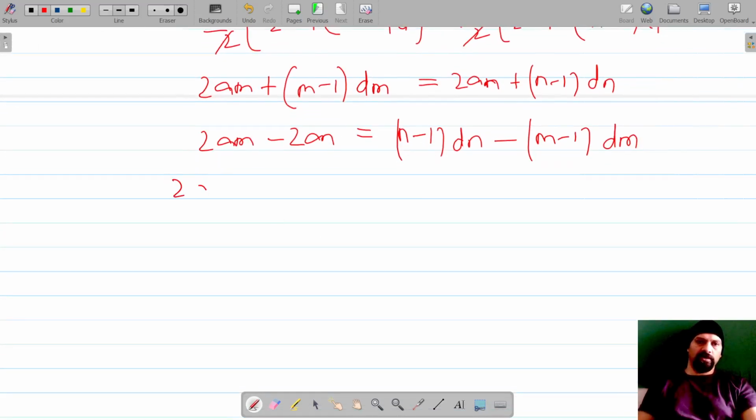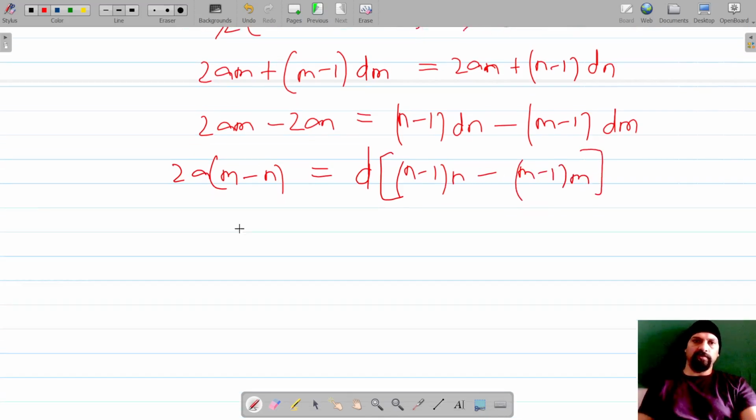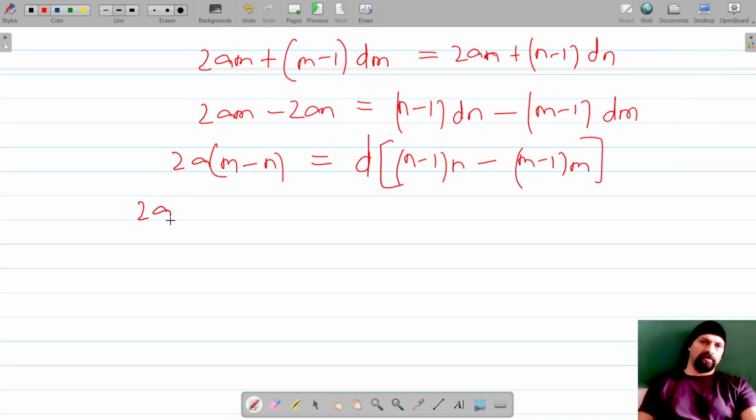So 2a is common and it's (m minus n), and common here is d. So this is (m minus n) into 2a, equal to d times ((n minus 1) into n minus (m minus 1) into m). I'm going to open up the brackets.